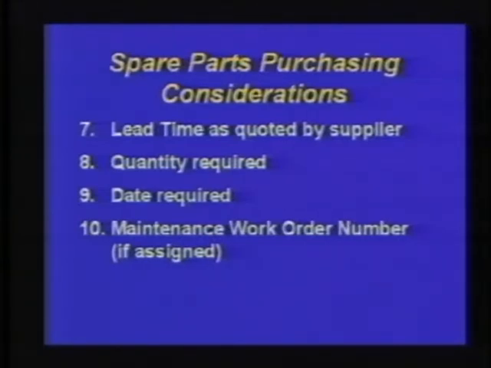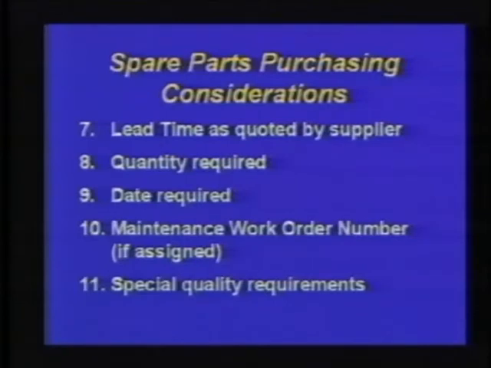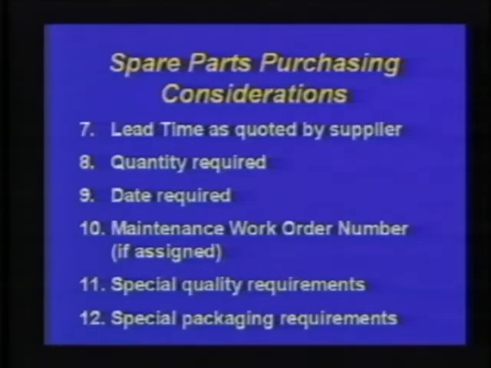We also want to consider in item number 11 special quality requirements, which may be the input into receiving inspection or maybe third-party inspection. If there's special packaging required to support the quality of the product while it is in transit, while it is being handled from the vendor to the maintenance storeroom, then those special packaging requirements should be made an integral part of the purchase order.